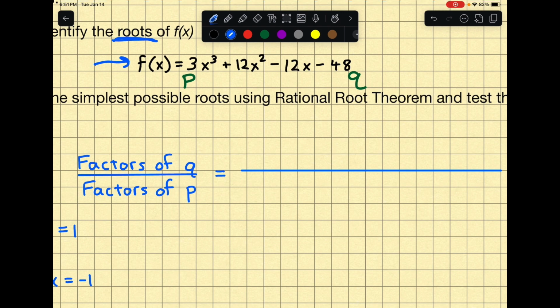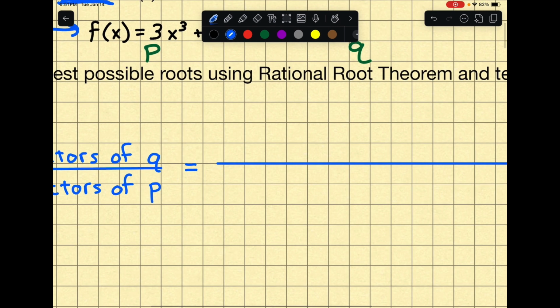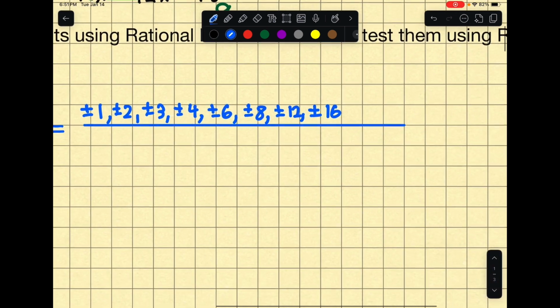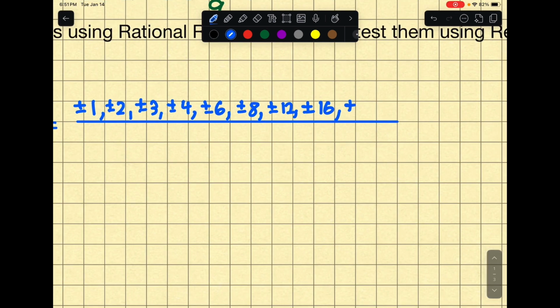If you imagine listing out the factors of 48, we know 1 goes into 48, as does 2, and 3, and 4, not 5, but 6, and then 8, and 12 goes into 48, and 16, and 24, and then of course 48 goes into 48.